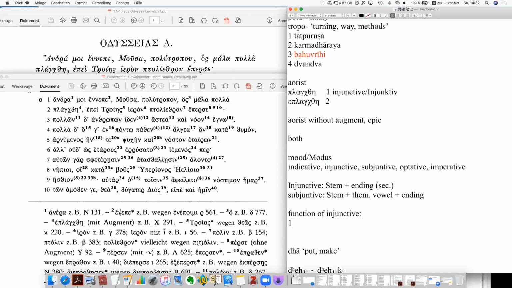There are actually two. The first one is mentioning, or Erwähnung. The second one is plus negation.